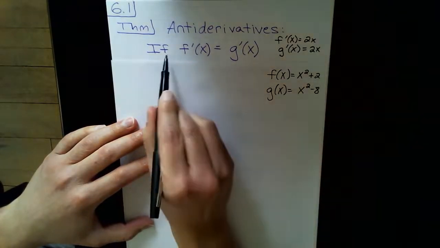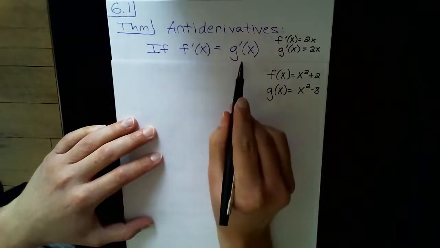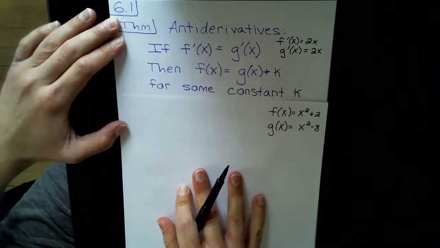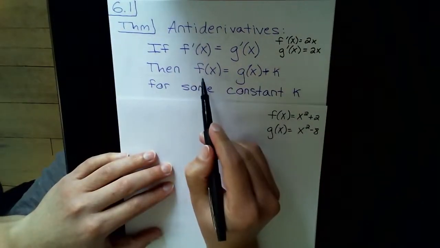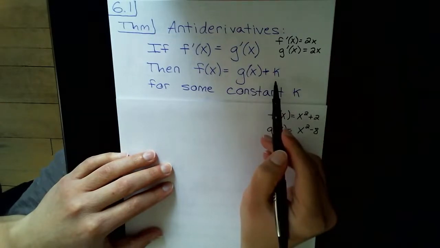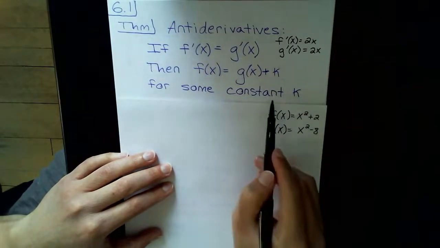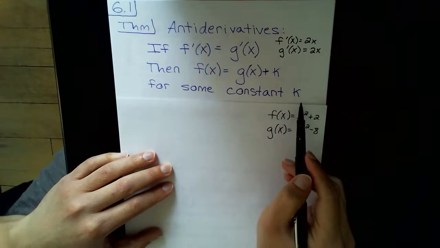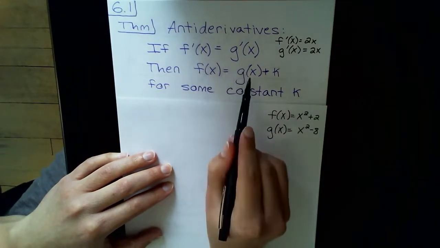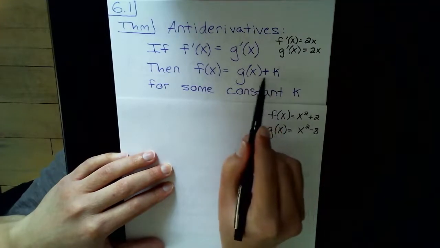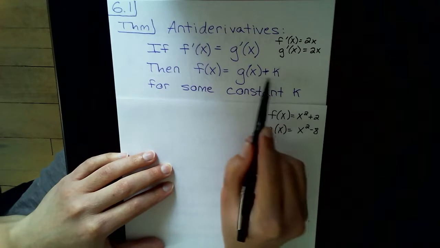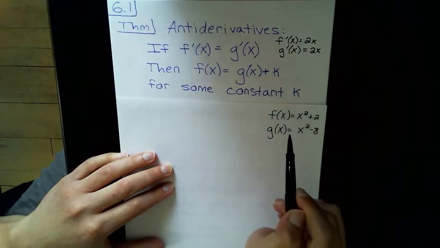So our theorem says if f prime of x equals g prime of x, then f of x is equal to g of x plus k for some constant value k. Meaning if the derivatives are equal, then the original functions are equal, except there's going to be some constant value separating them.